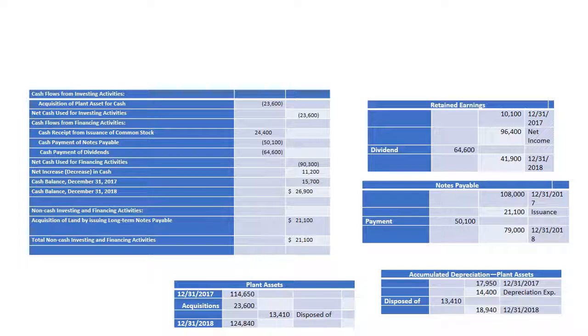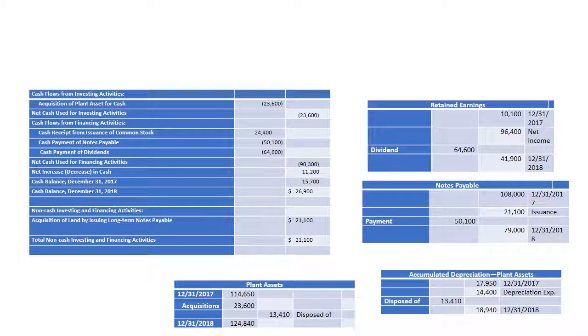We know that it increased $96,400 because of net income during the year. But its ending balance is $41,900. So if you take the $10,100 plus $96,400, that gives you a balance of $106,500. Now our ending balance is $41,900.